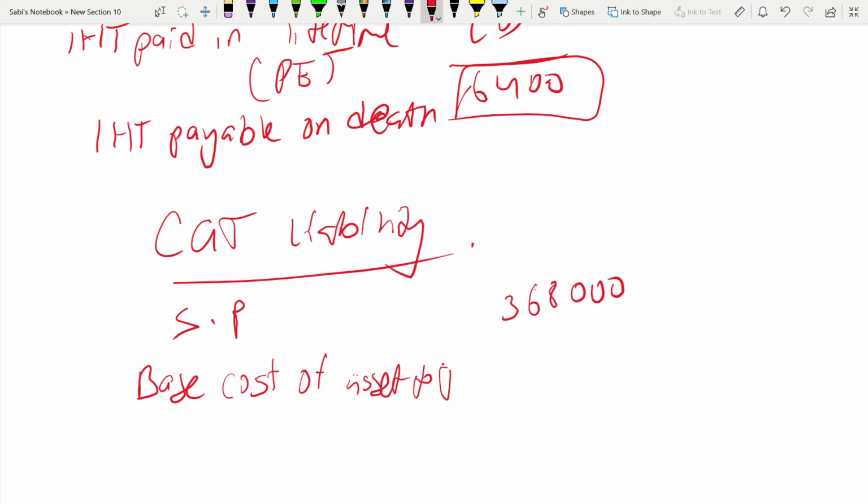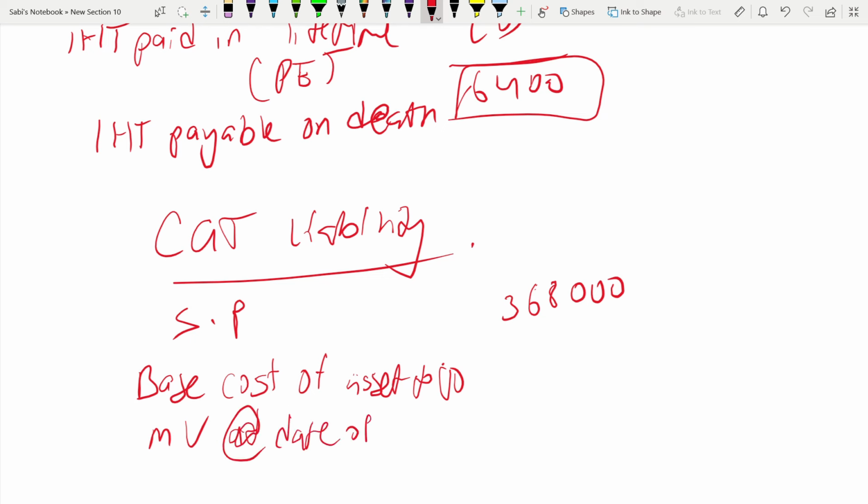Now, market value at the date of gift. What was the market value at the date of gift? 341,000. This one, isn't it? This 341,000 he has given to our daughter.